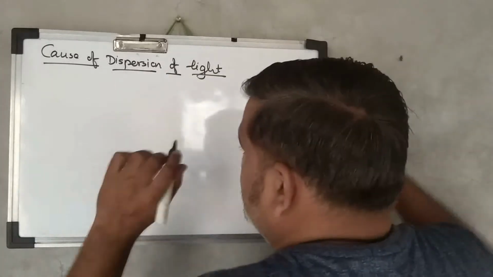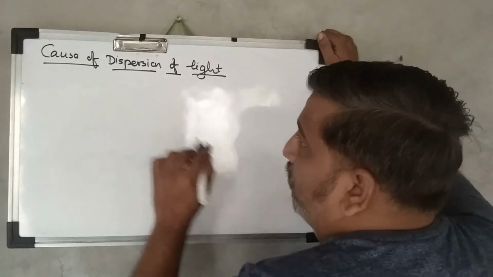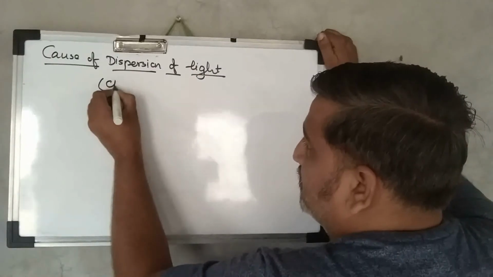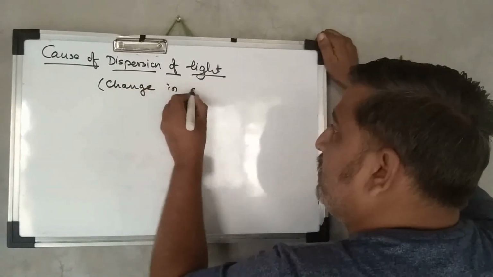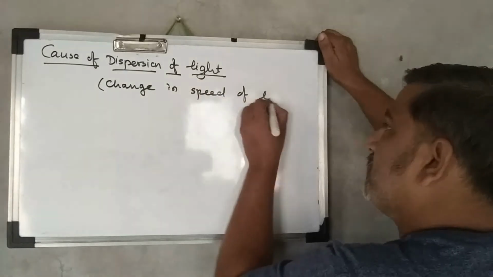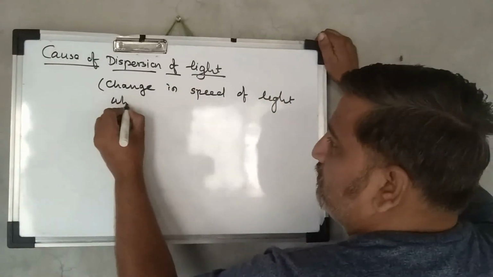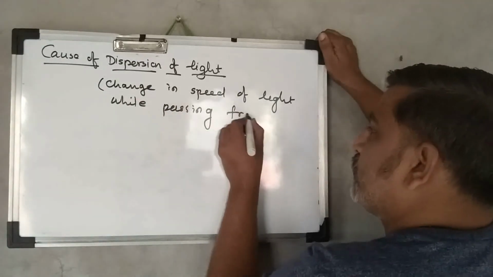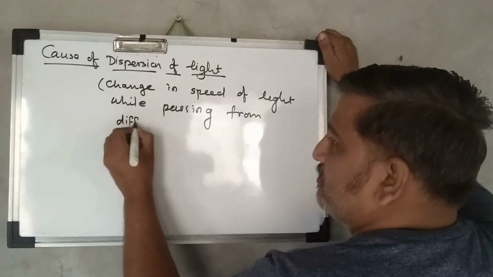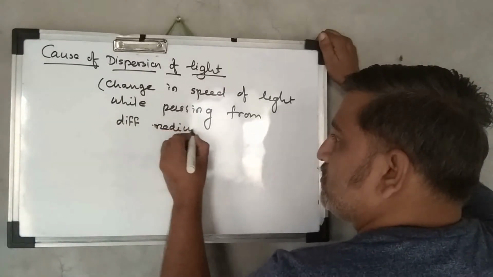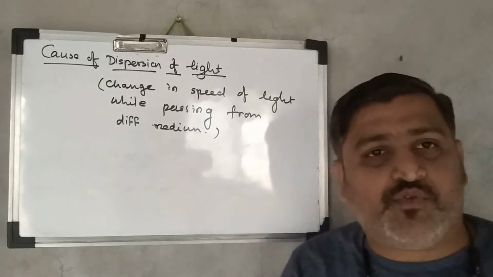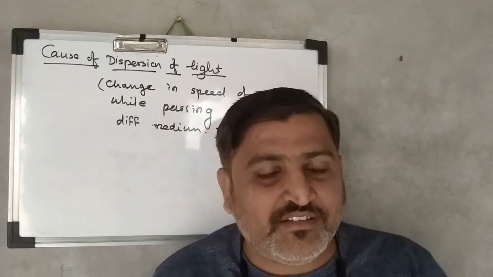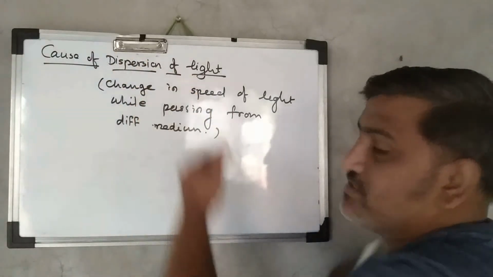So I must tell you that the cause of dispersion of light is nothing but a change in the speed of light while passing through a different medium. When the ray of light changes its medium while passing, then it causes dispersion.